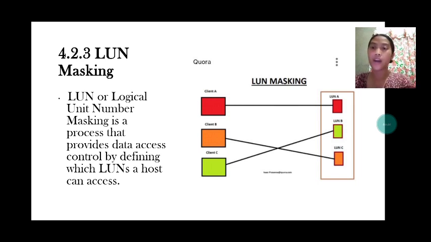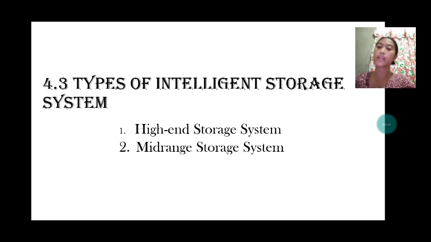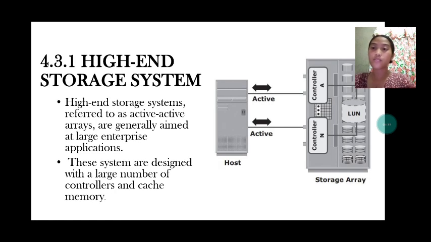The next topic we have is 4.3, types of intelligent storage systems. So we have two, the high-end storage system and the mid-range storage system. So first, what is high-end storage system? High-end storage system, also referred to as active arrays, are generally aimed at large enterprise applications. These systems are designed with a large number of controllers and cache memory.